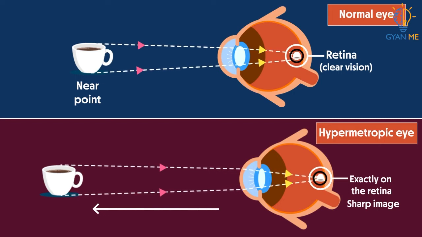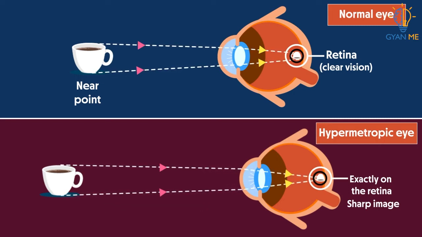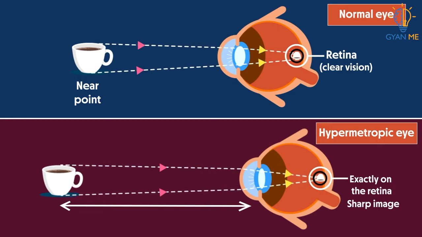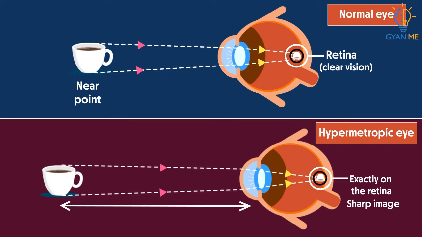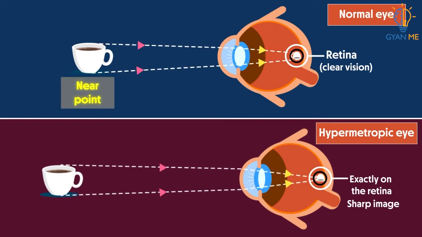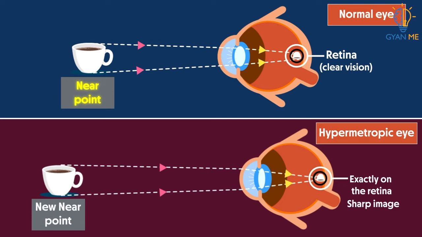So what can you say here? Yes. As a result of this, the shortest distance at which objects will appear clear to this hypermetropic eye will become this distance. Isn't it? Yes, clearly. So, can we say that this near point of the normal eye has become this for the hypermetropic eye?